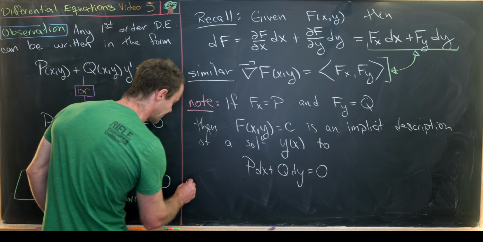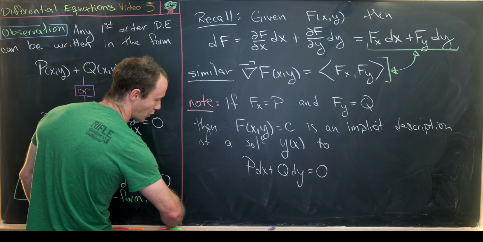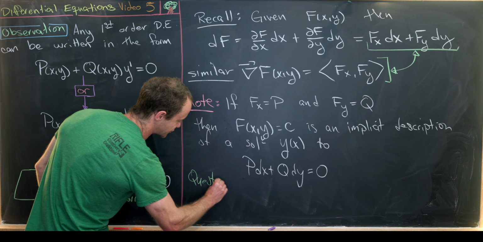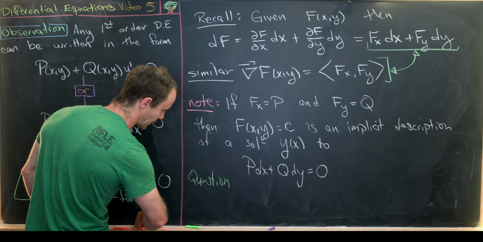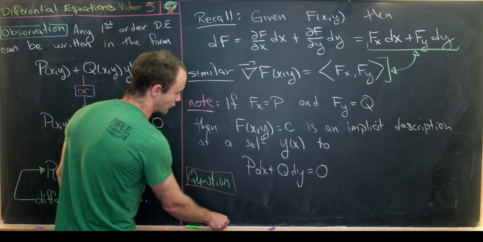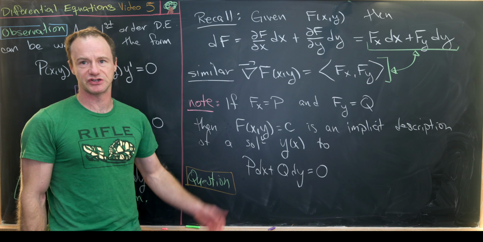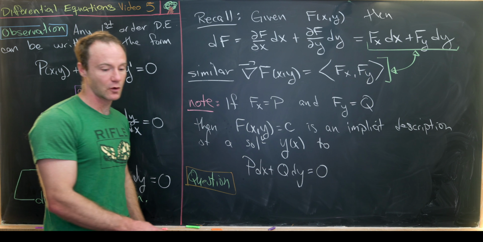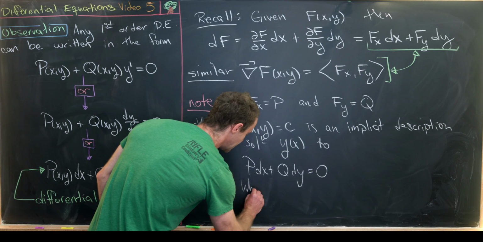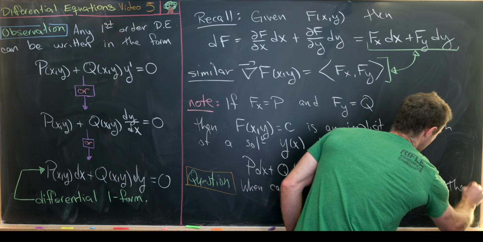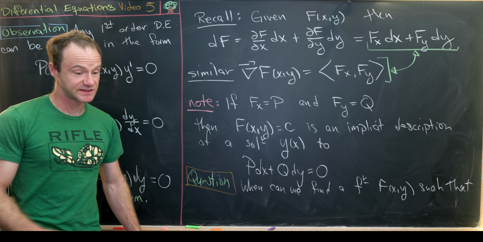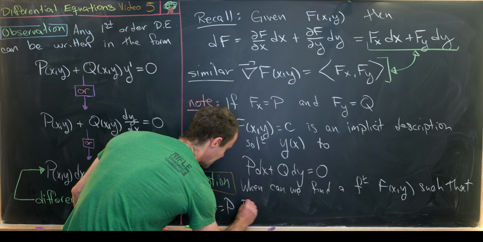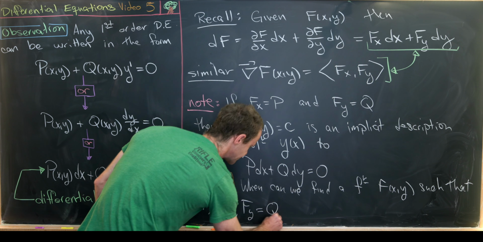Okay, and that really brings up the following pretty big question, since our main goal is to solve differential equations. So far we've just talked about how to re-envision a differential equation in terms of a function of two variables. So our big question is, when can we find a function f of x, y such that f sub x equals P and f sub y equals Q?